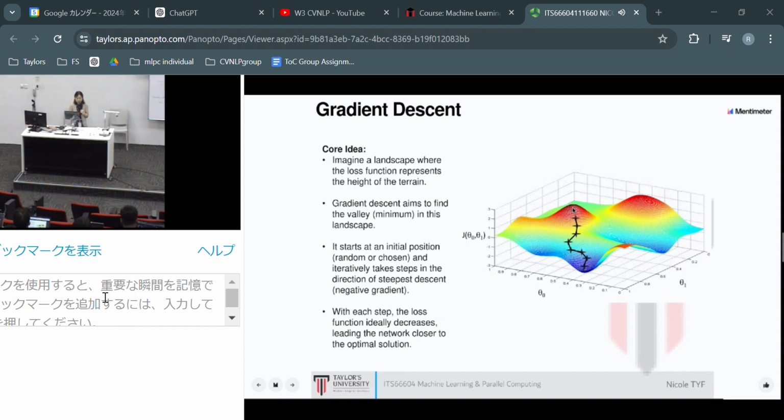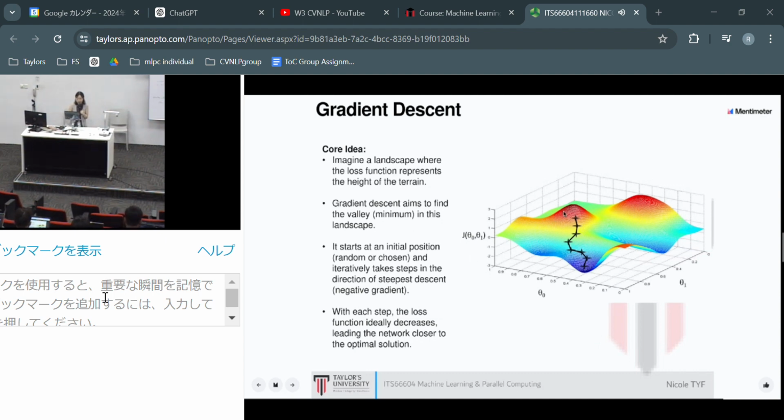So imagine the landscape, where the loss function represents the height of the terrain, so this gradient descent aims to find the valley or the minimum in this landscape. So this is just an illustration, yeah. It takes a lot to plot this entire graph. So now our randomly initialized weights will result in a high point always. So it always starts with the initial position and iteratively takes steps to arrive at the steepest descent, the negative descent.